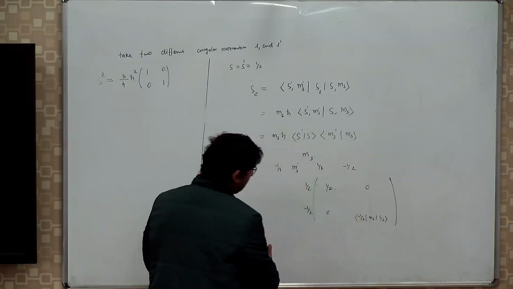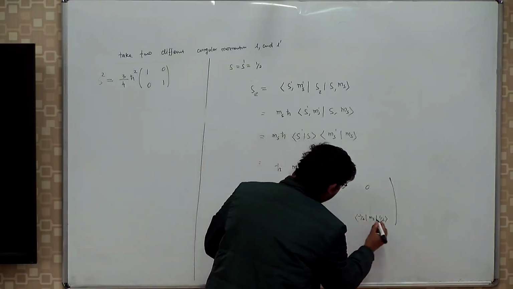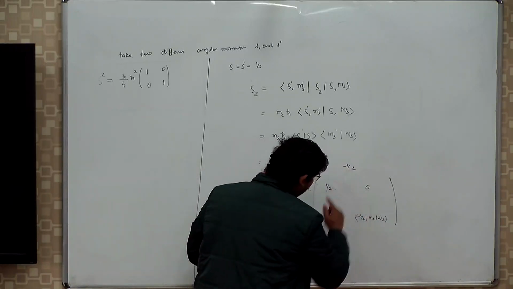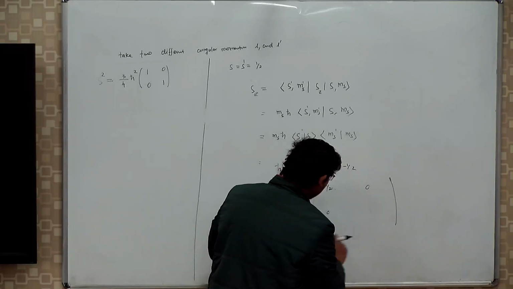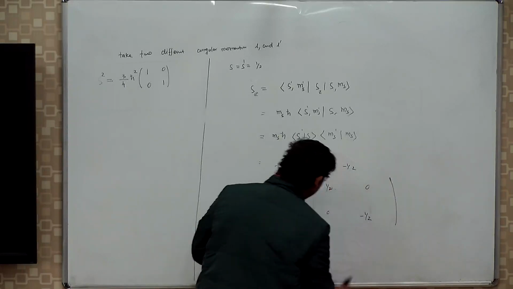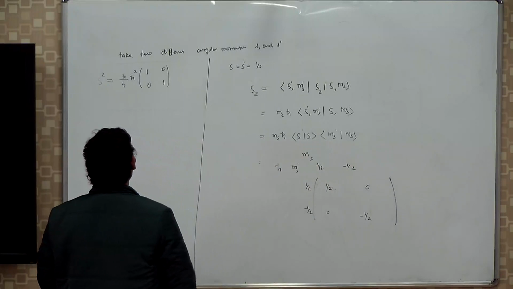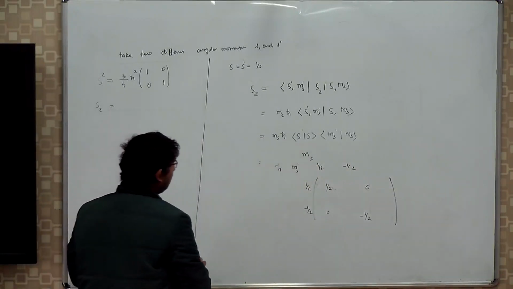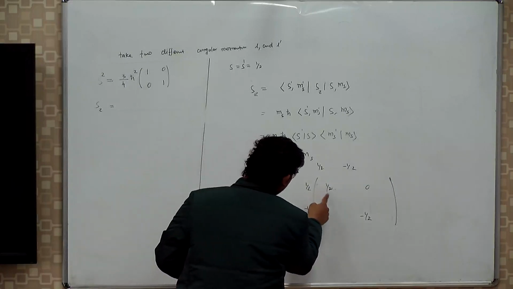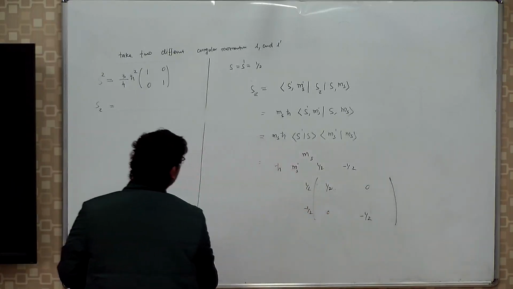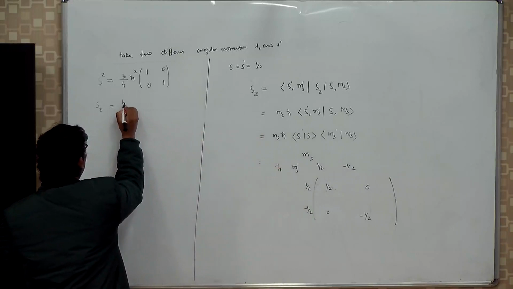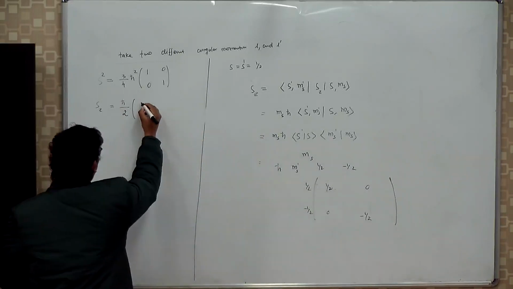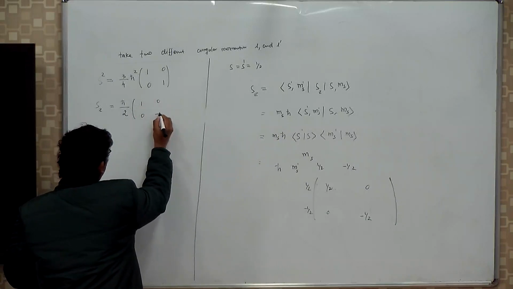But in this case the inner product between the same state, with the value of m_s being -1/2, so this entry is nothing but -1/2. For writing S_z, one can take 1/2 outside. So S_z is h cross by 2 times the matrix 1 0 0 -1.